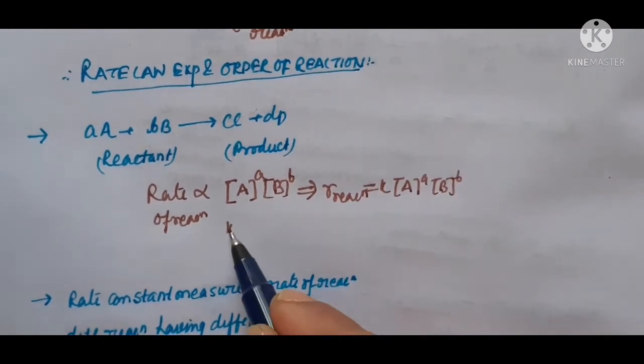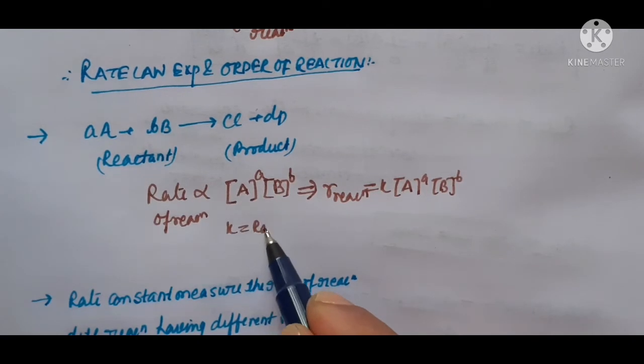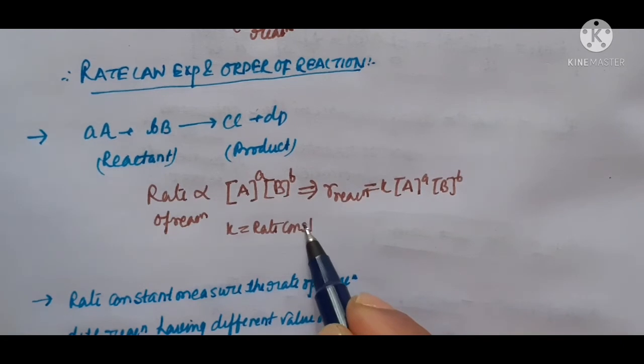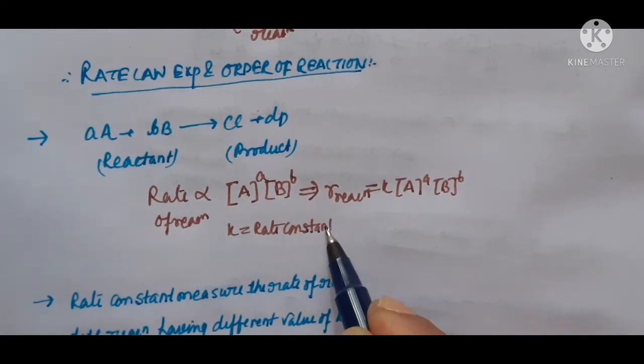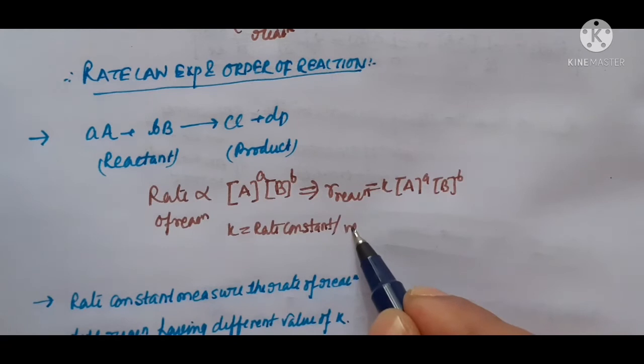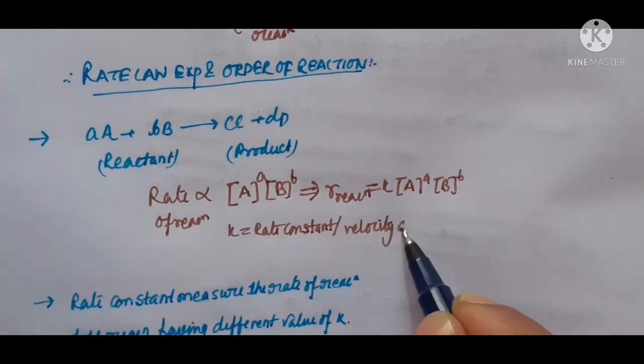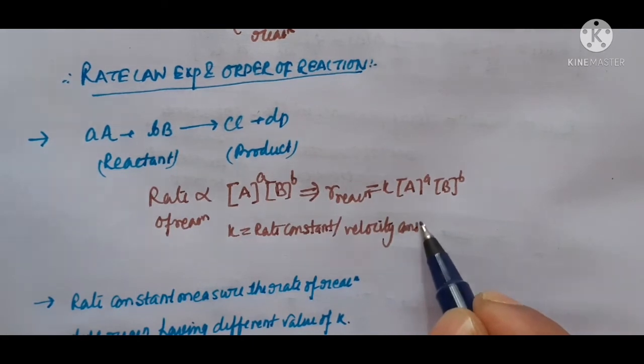Here K is known as rate constant or velocity constant. K stands for rate constant and velocity constant.